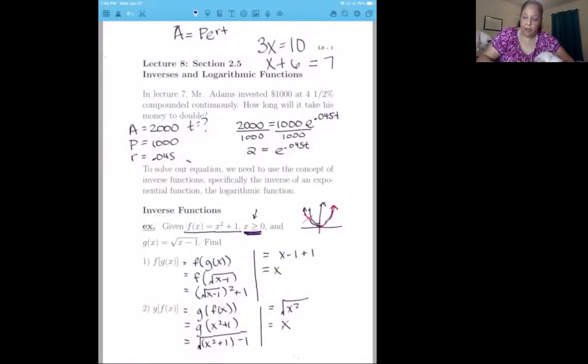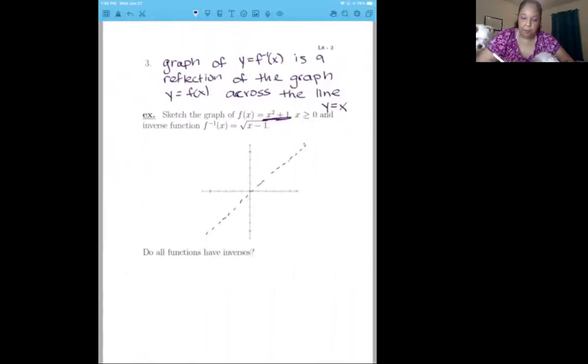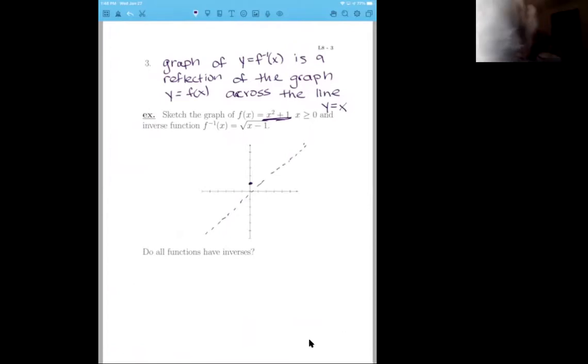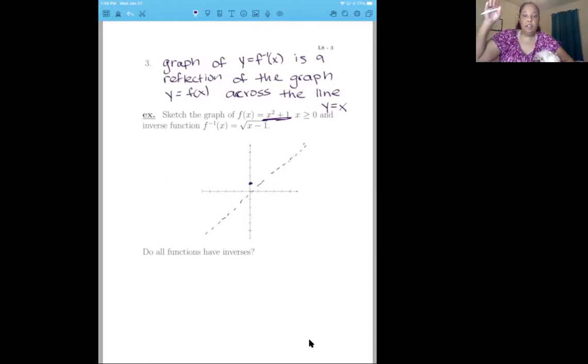All right, anyway. So I'm going to shift it up 1. And again, x is greater than or equal to 0. All right, so it's only the x values that are greater than or equal to 0. So this is what my parabola looks like.